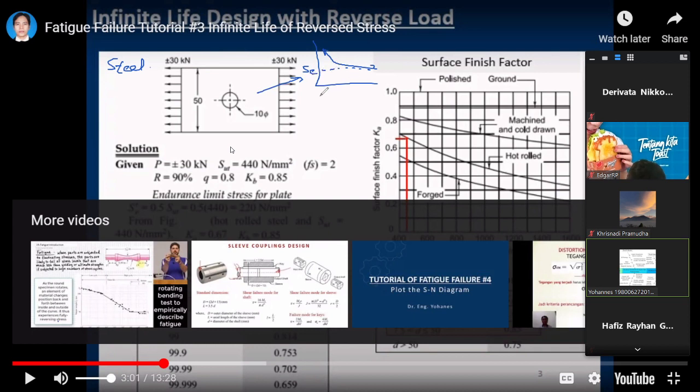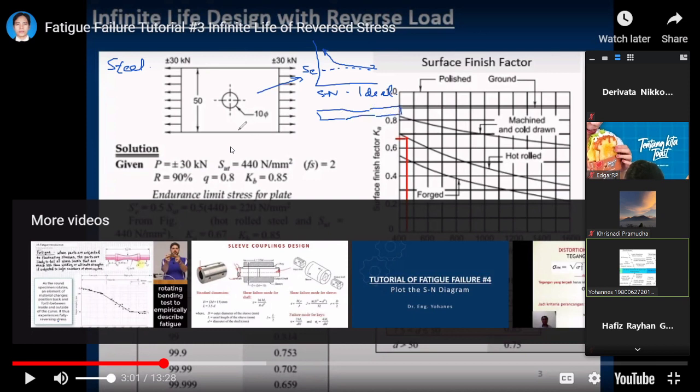But this graphic, this S-N curve, is ideal. It is only applied in the laboratory. And the specimen used is a cylindrical, a dog bone cylindrical like this.